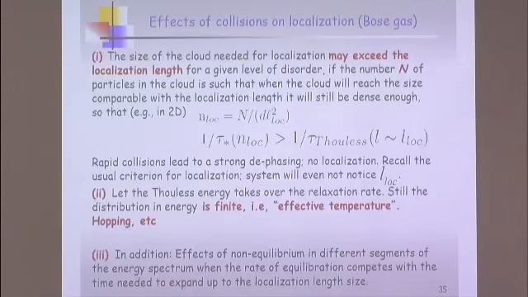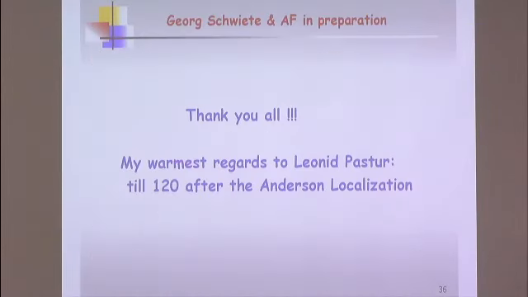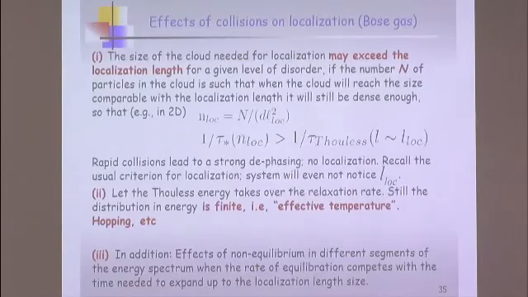Okay, now this is the last slide, I guess. So that is how all that is related, maybe, to localization. So Bose gas is where this kind of thing is observed.